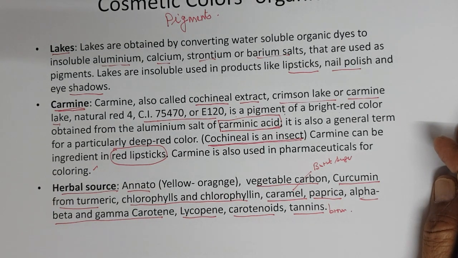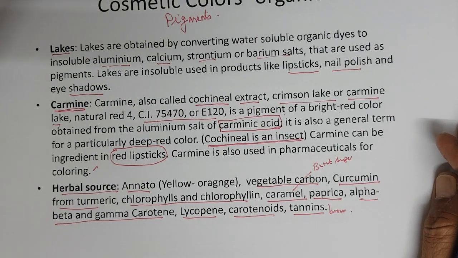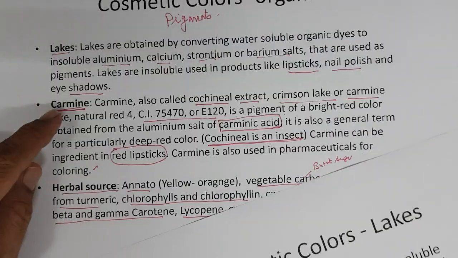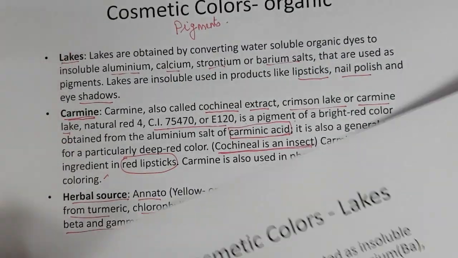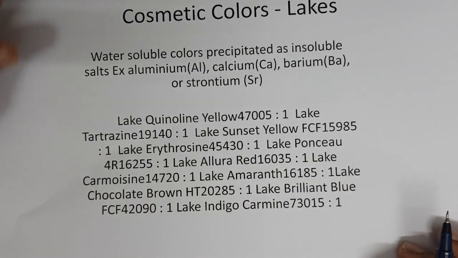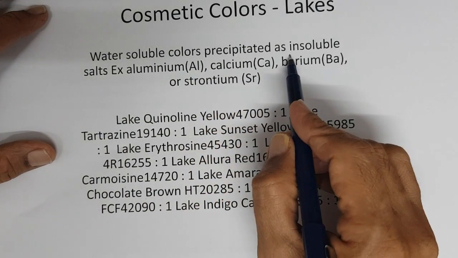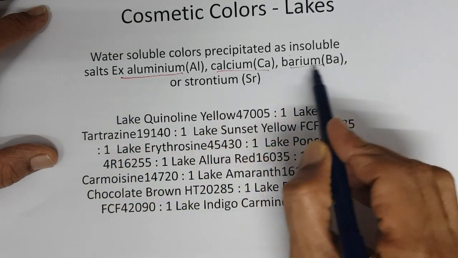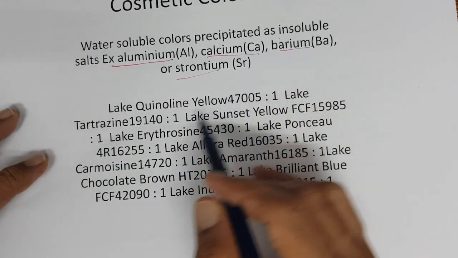Most of them are used in foods, but in cosmetics we still have to do a lot of work on stability, to look more at lakes. Lakes are water soluble colors precipitated as insoluble salts, for example aluminium, calcium, barium, strontium.